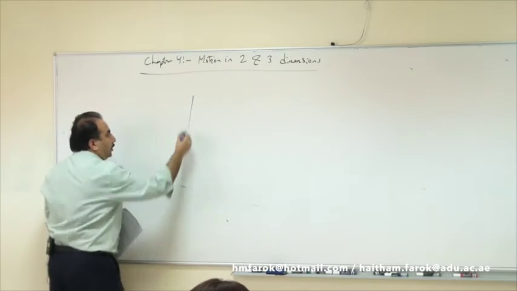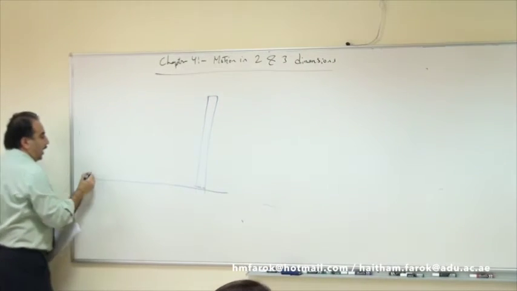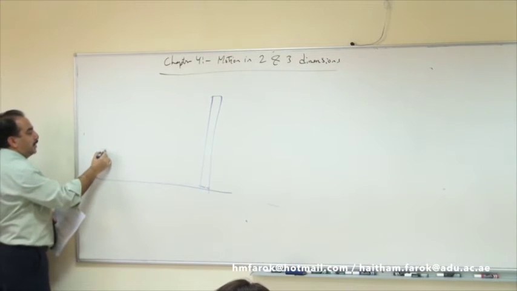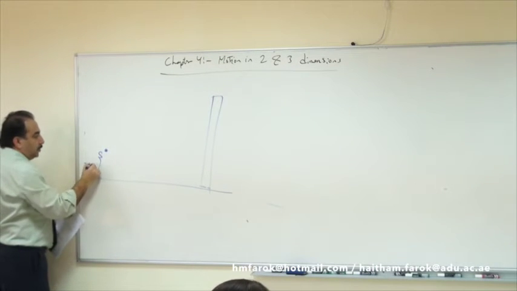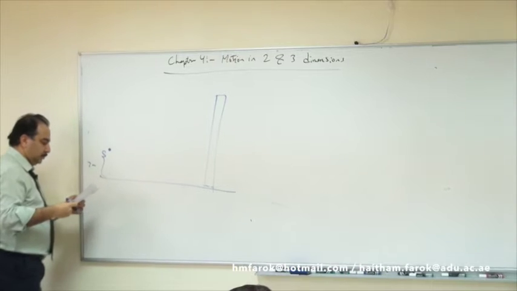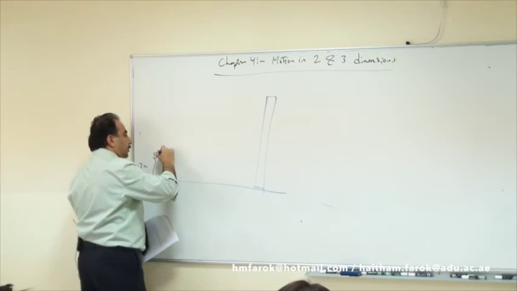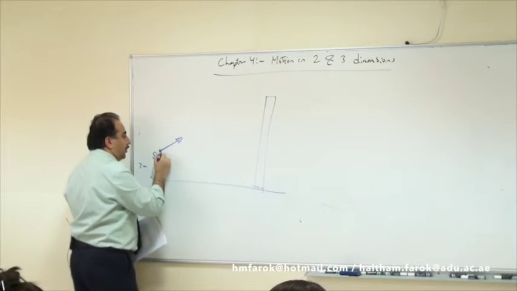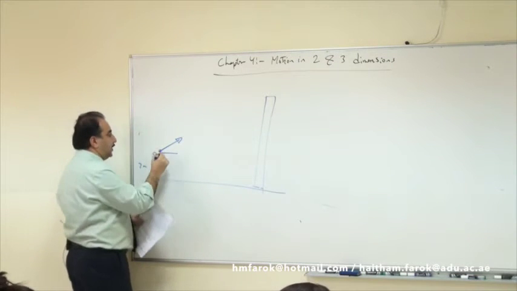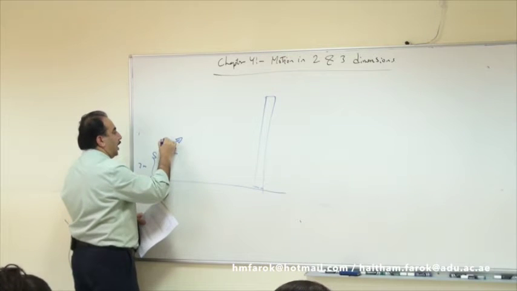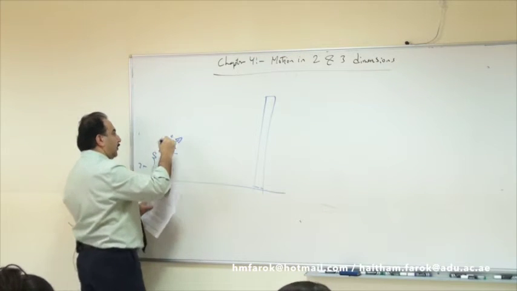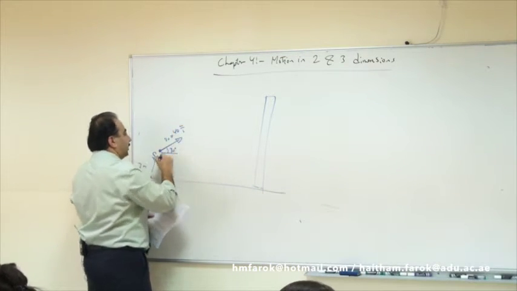This is a wall, and here at a height of 2 meters, you shoot an arrow at an angle above the horizon, 30 degrees, and initial speed 40 meters per second.